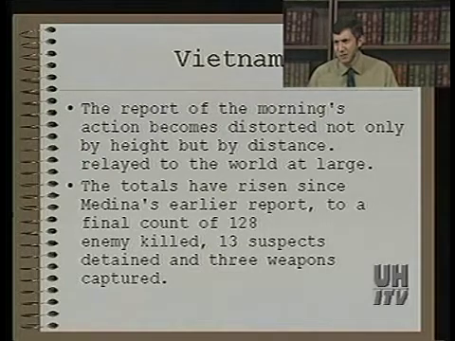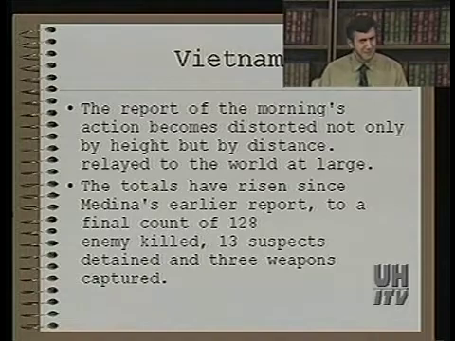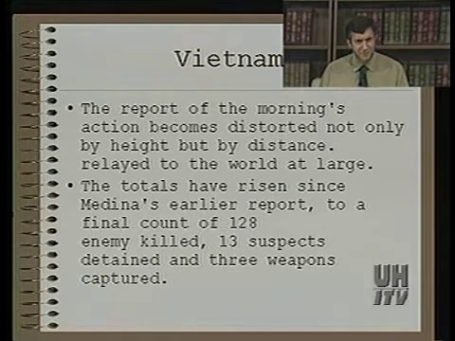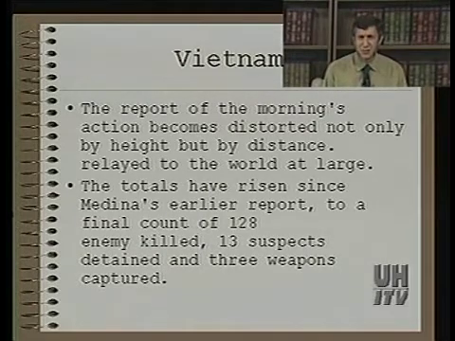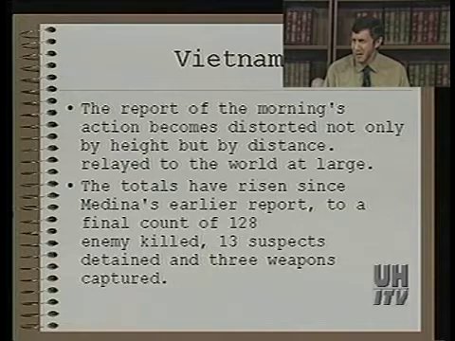Anything sound odd about that? Anything sound odd about those figures? As was often the case in Vietnam, they weren't very heavily armed people, apparently, if there were 128 and they only got, what, 3 weapons? Isn't that odd? Wouldn't that begin to make you a little suspicious that something may have happened that's not being conveyed?